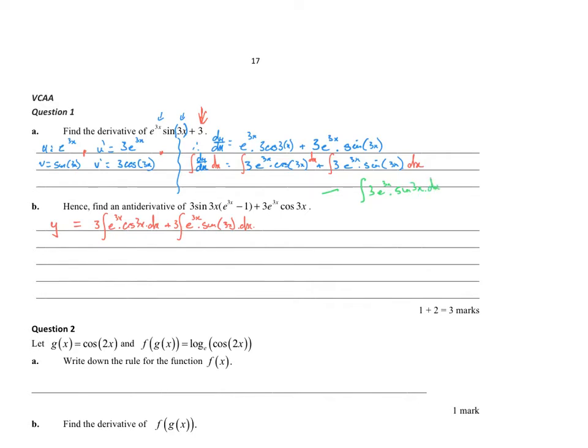If I expand that bracket, minus the antiderivative of 3 sine 3x dx plus the antiderivative of 3e to the 3x cos 3x dx.